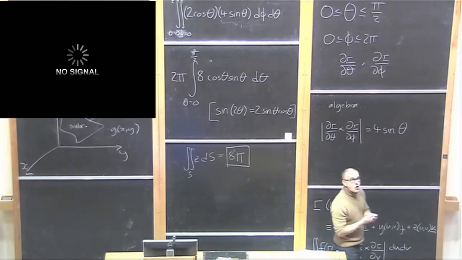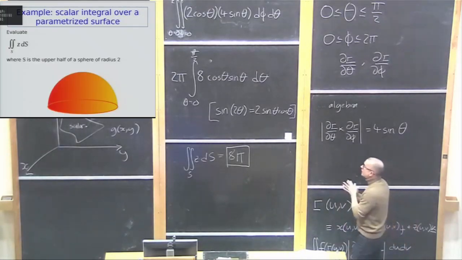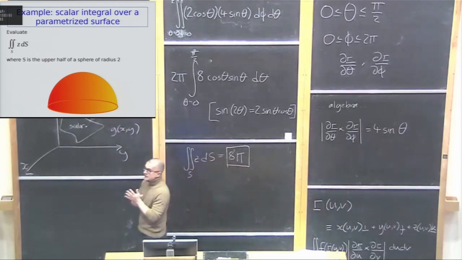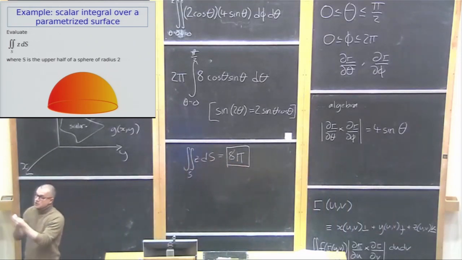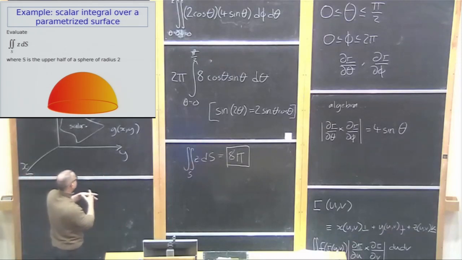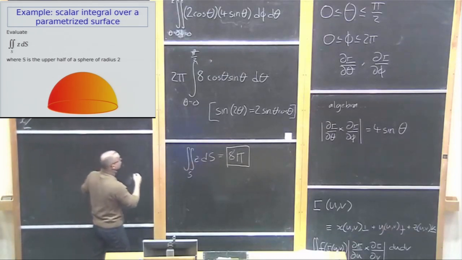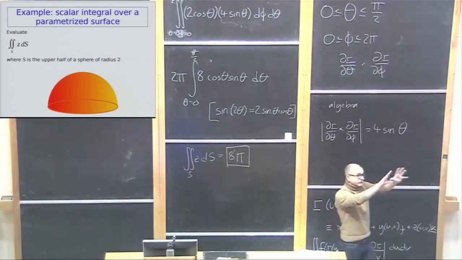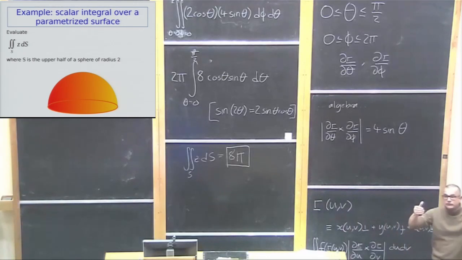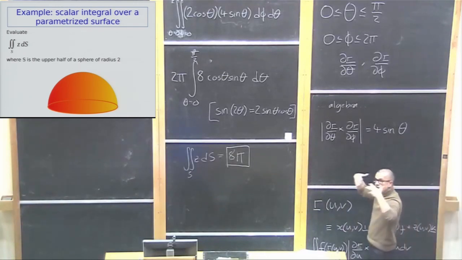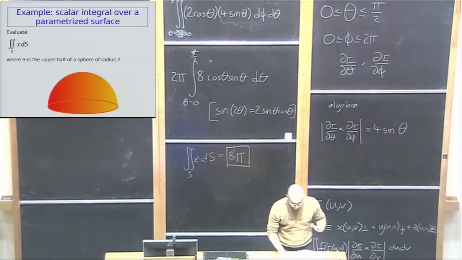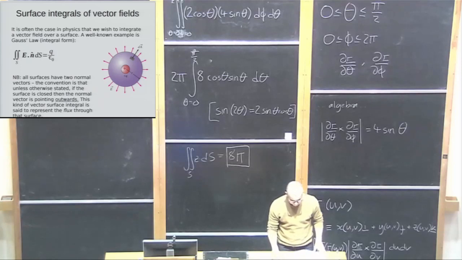They're the less common type of surface integral that you encounter in physics, because most of the time in physics, so we'll see this more in the lectures next week when we're talking about the divergence and Gauss's law, most of the time the reason you're doing a surface integral is because you're trying to understand what is the flow or the flux of some vector field through that surface. So it's more common that you're doing vector surface integrals.